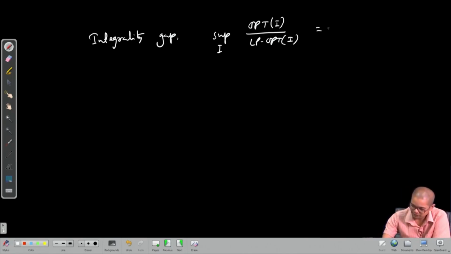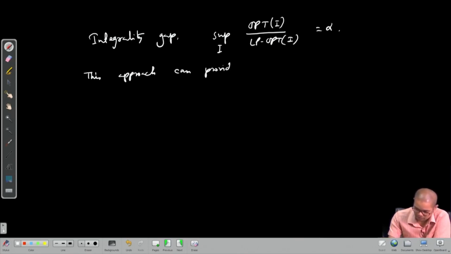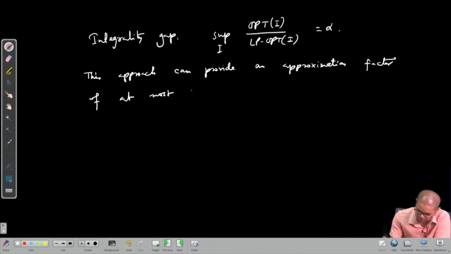So this alpha is the limit of this approach: it can provide an approximation factor of at least alpha. This is for minimization problems.